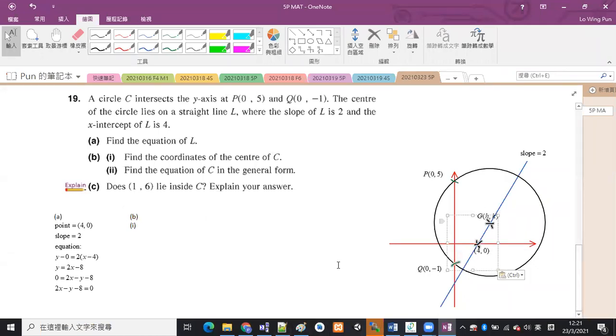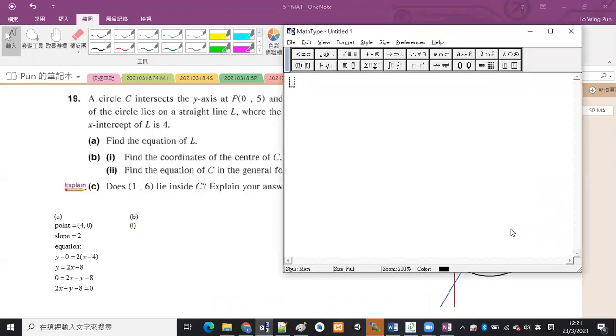The center of the circle is on this straight line. Then we also have two points on the circle, so we can form two equations. First, we can put the coordinates of G into the equation of L. So that is 2h minus k minus 8 equals 0.